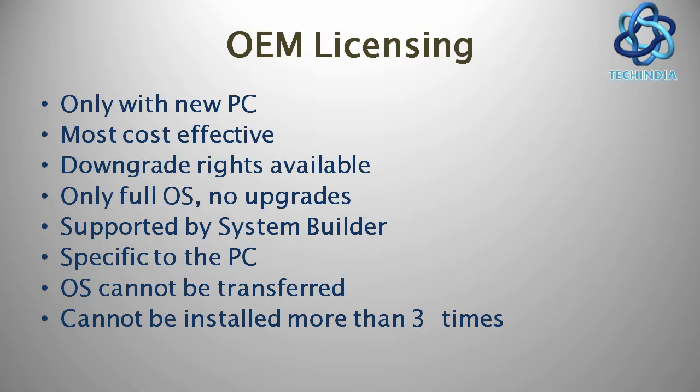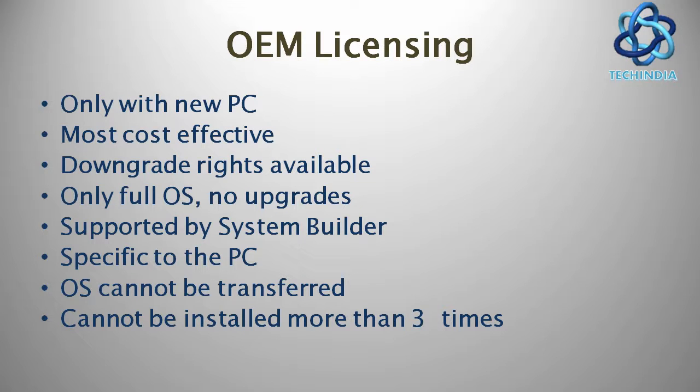For example, I am going to purchase a laptop from HP with Windows 8, 8.1 or Windows 10. If I face any kind of issues in Windows 8 or Windows 10, I should take support from HP only. I cannot contact Microsoft. So that is what supported by system builders means.